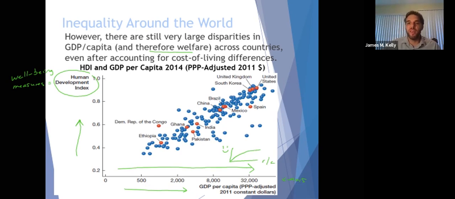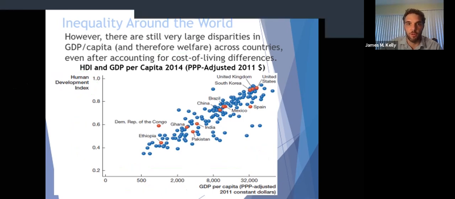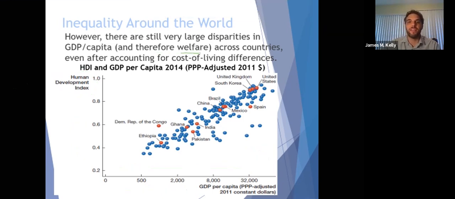But the point is there's a relatively strong correlation between real GDP and welfare across the world, which means we have a lot of less wealthy countries with really low overall welfare because they're so close to the poverty line. So we see that in some of these lower countries here.